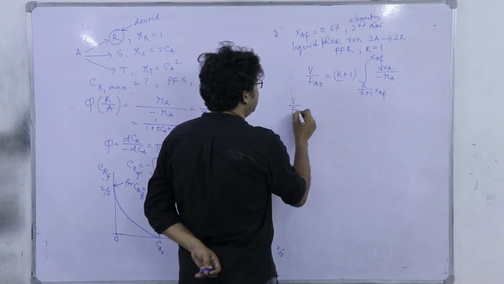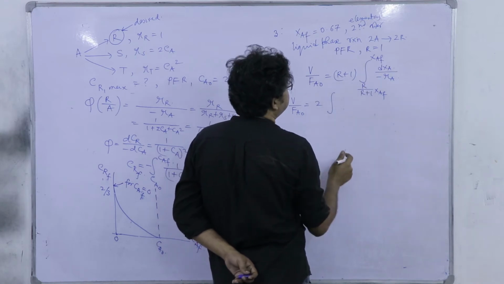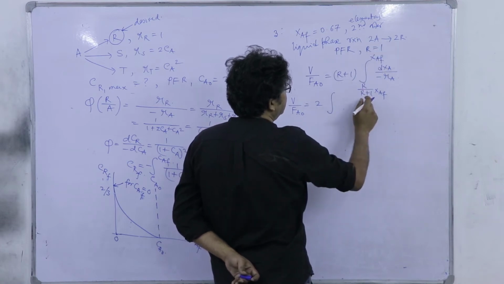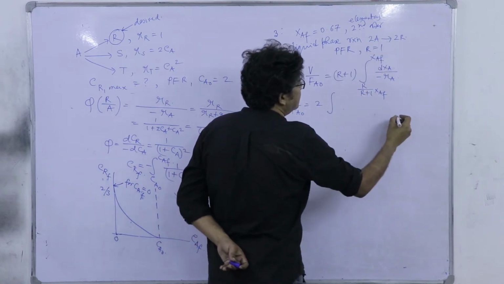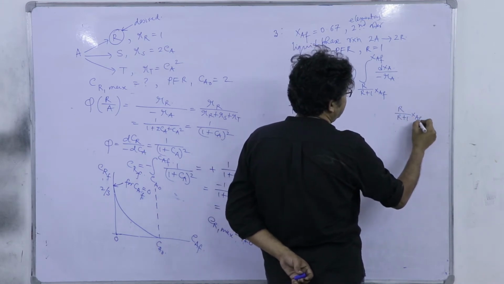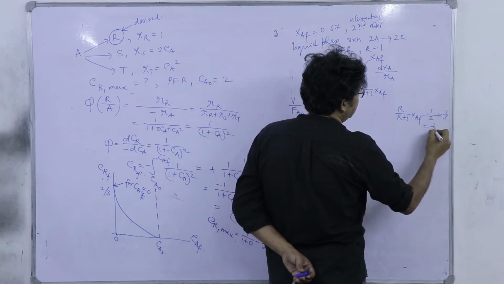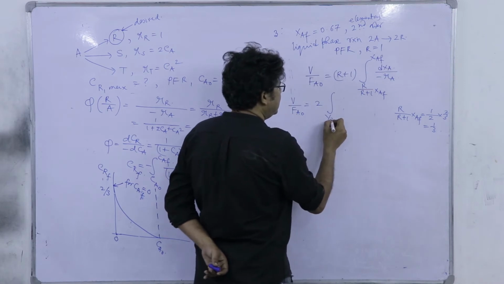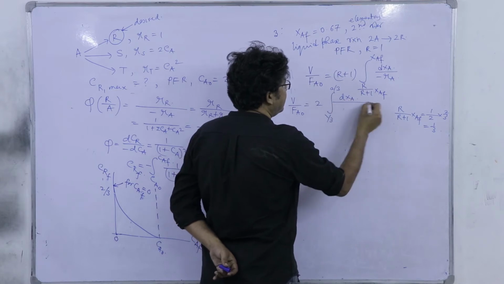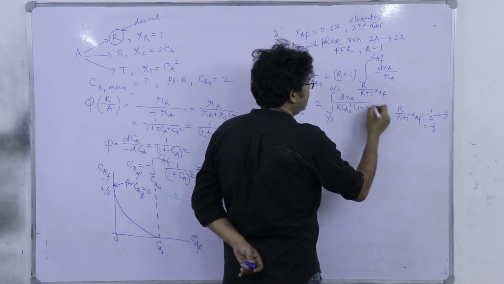So, V by Fa naught, then R divided by R plus 1 XAF, that is 1 divided by 2 into 2/3, so that is 1/3. So, 1/3 to 2/3 of dXA over K Ca naught square 1 minus XA whole square.